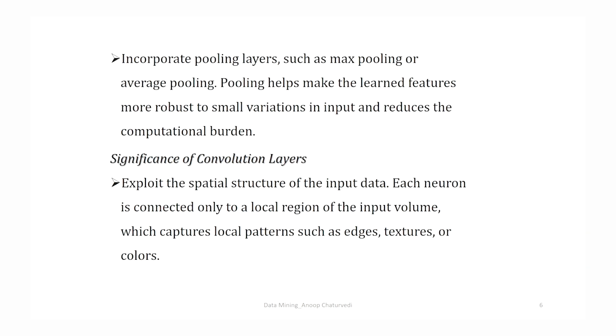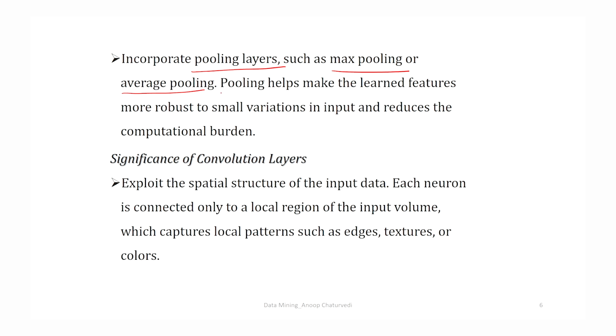Then convolution neural networks incorporate some layers which are called pooling layers, and they use either maximum pooling or average pooling. We will discuss how to do this maximum pooling or average pooling in practice.